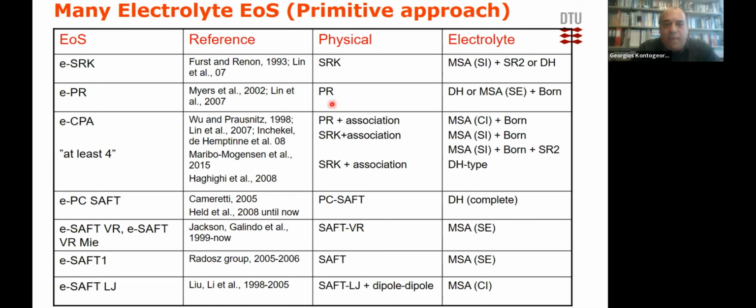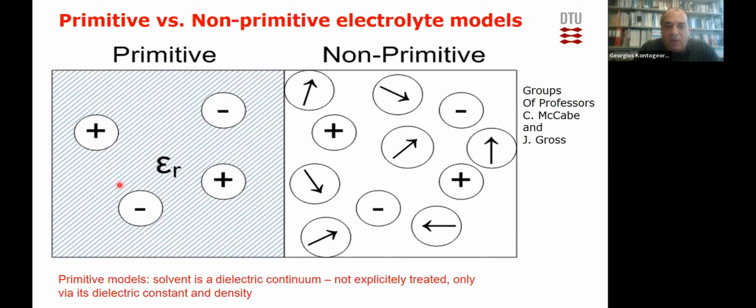Since maybe Furst and Renon and Donohue developed some of the first electrolyte equations of state already in the 20th century, there are very many such models having different contributions for the physical and the electrolyte terms and different ways to estimate the parameters. All of those models that you see in this slide, which is only some of them, are in what I call the primitive approach, in which the solvent is a dielectric continuum.